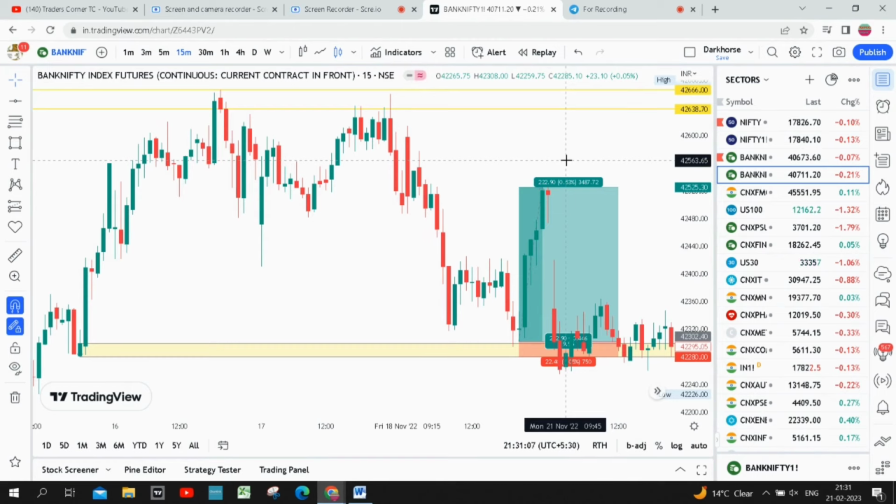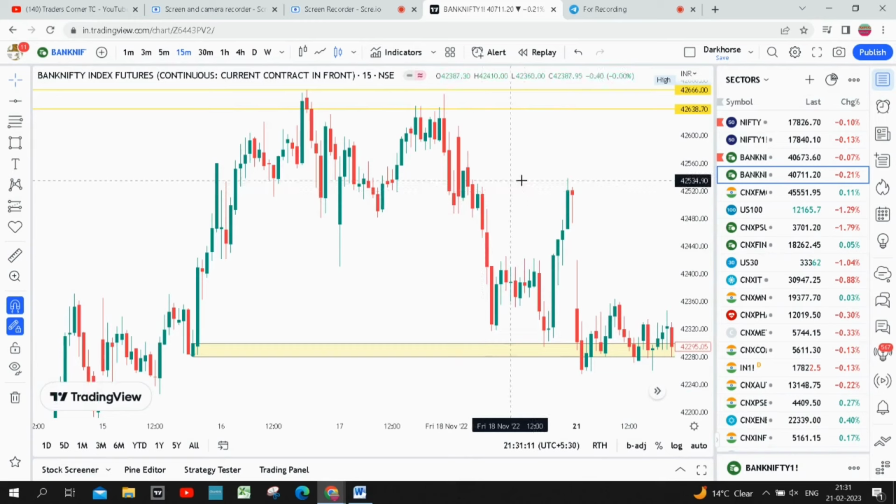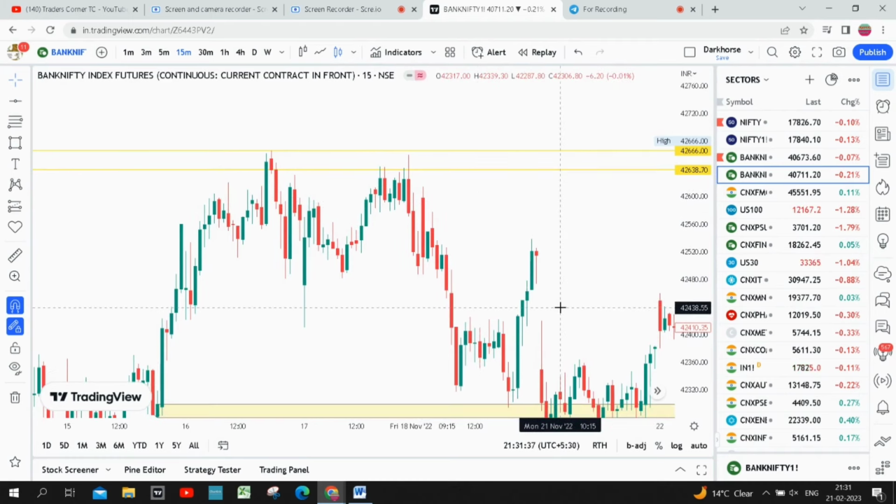In other words, always buy at the bottom and sell on top. Don't buy in between and don't keep your stop loss points so large, because if it hits your stop loss, the loss will be huge. And same thing on the upper side: do not buy at the top, because if the market reverses back, again you'll be in huge loss.